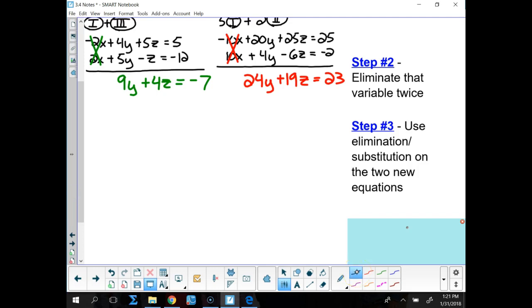If I call this equation 4 and equation 5, I can multiply 8 times equation number 4 and add that to negative 3 times equation number 5, then I've got 72 in front of my y.